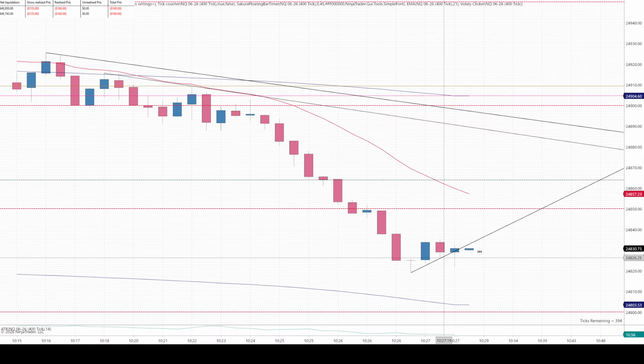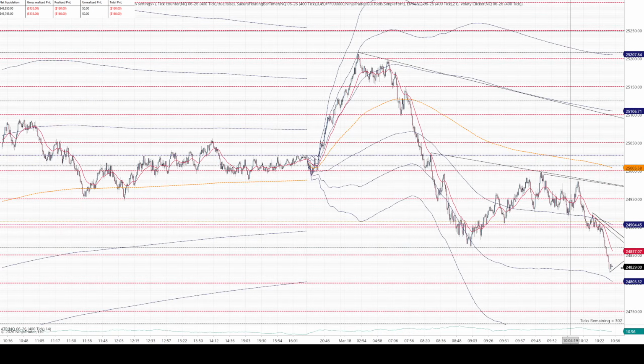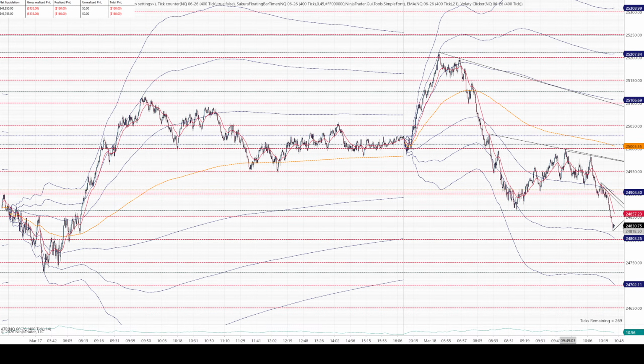Looks like buyers are trying to build some sort of base here. Question is, where's my low? There it is.